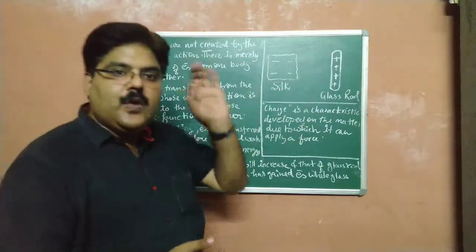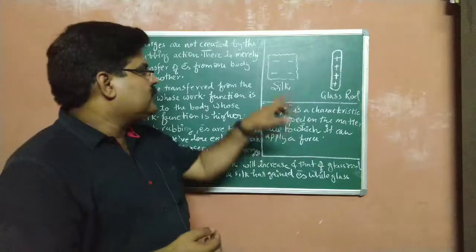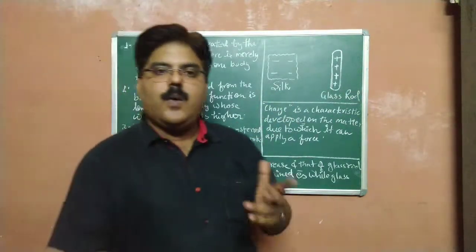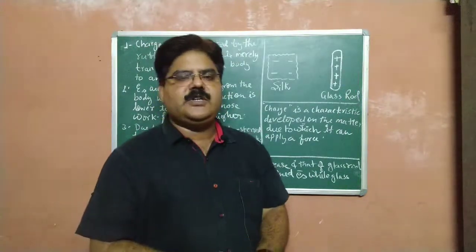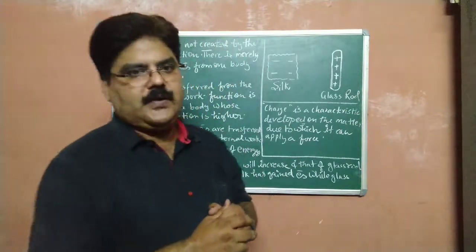A body which has a lower work function will transfer its electrons to the body having a higher work function. Now a question again arises: what is work function? Work function is basically the minimum amount of energy required by any material or matter to just eject an electron.